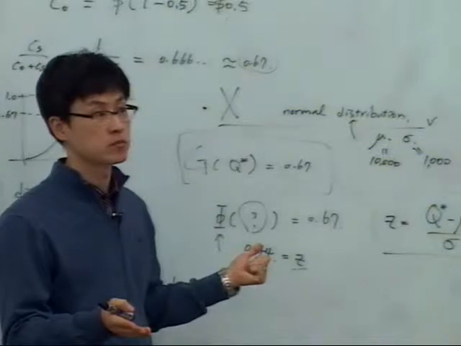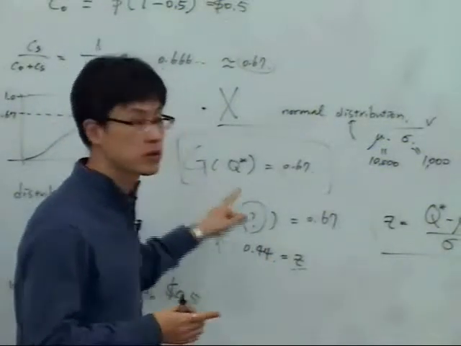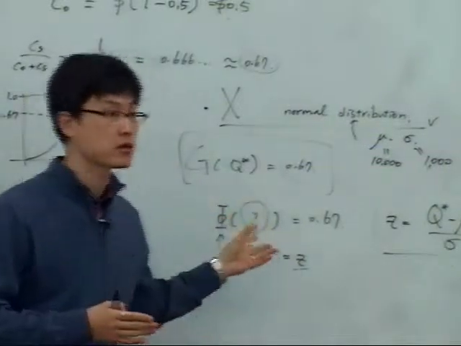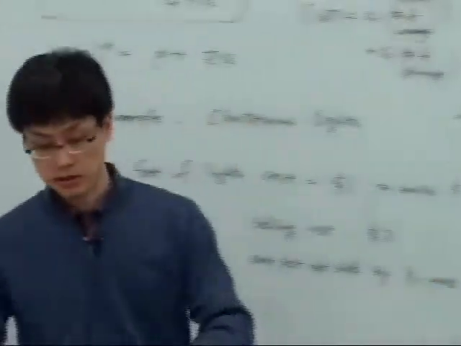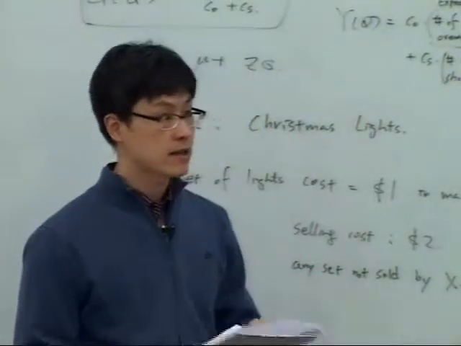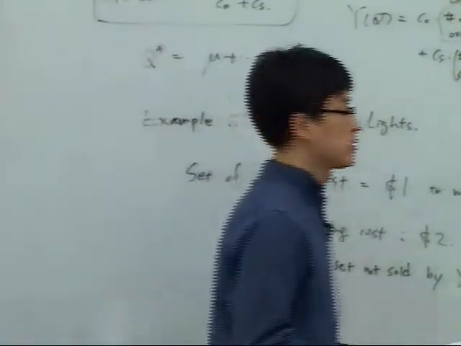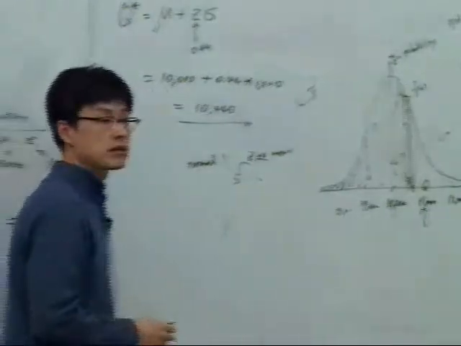The probability of finding that value. Yeah, let's go back to the definition of this large G function. It's a probability of X is less than demand, right? We don't know exact demand.